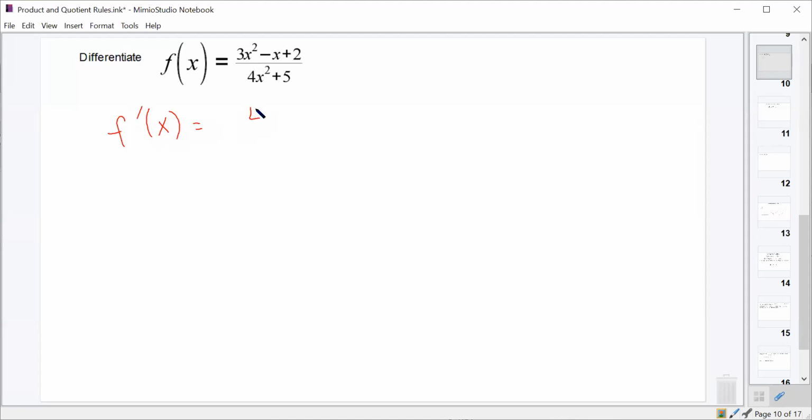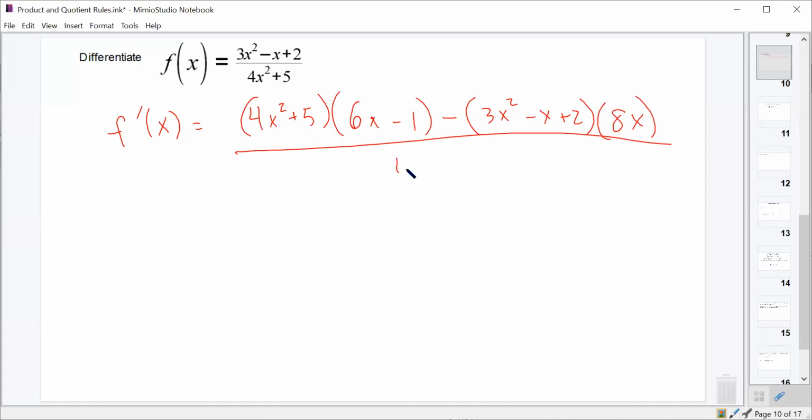Our denominator times the derivative of our numerator, which is 6x minus 1, minus our numerator times the derivative of our denominator, which is 8x, all over that denominator squared. Everybody good with that?